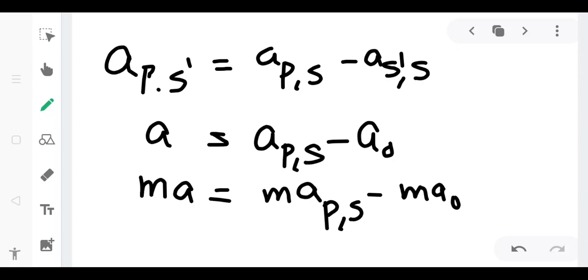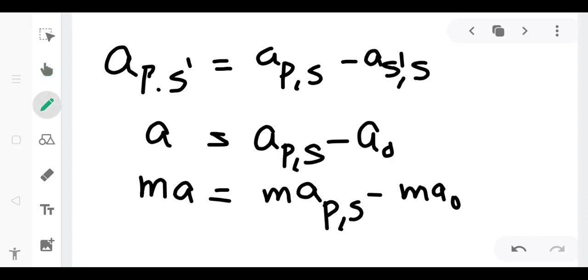See, according to Newton's second law, this is the acceleration of the particle with respect to the frame of reference, as the particle is moving along with the frame of reference. So there will be a force acting on the particle P. So we can write that the product of mass and acceleration of the particle will be equal to the net force.